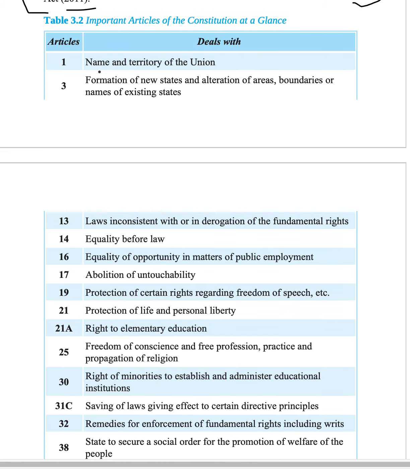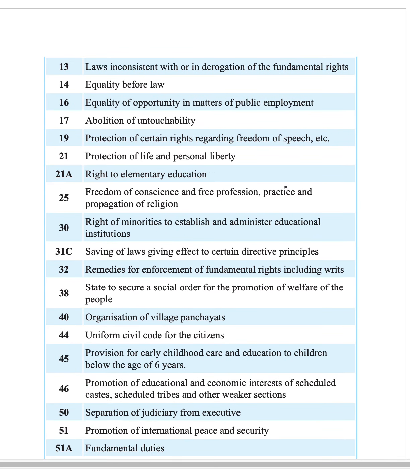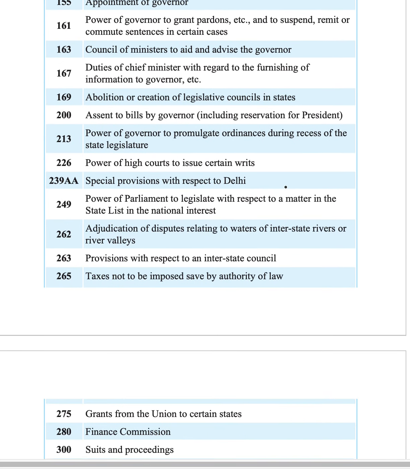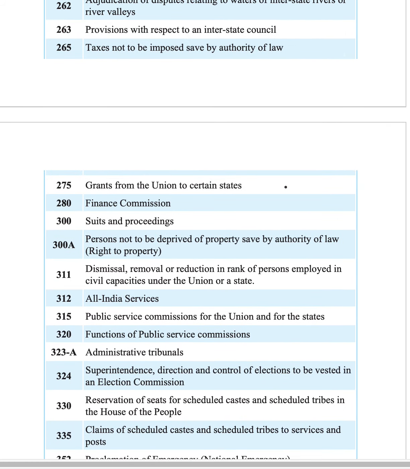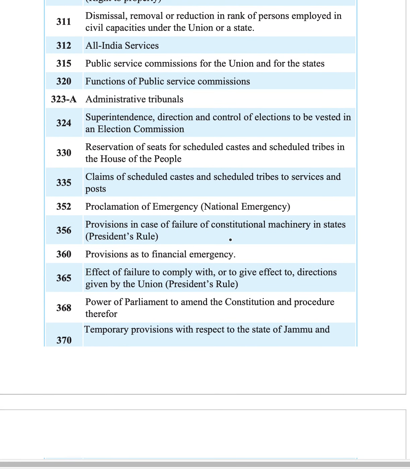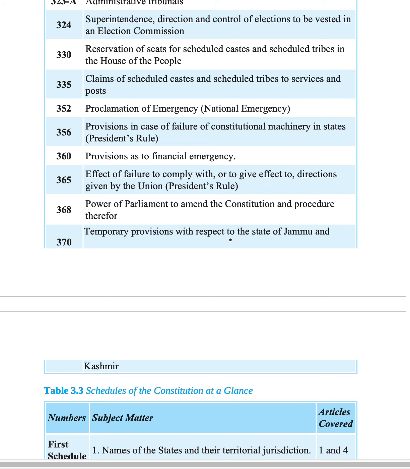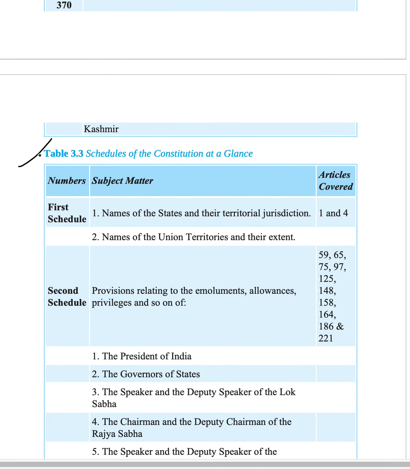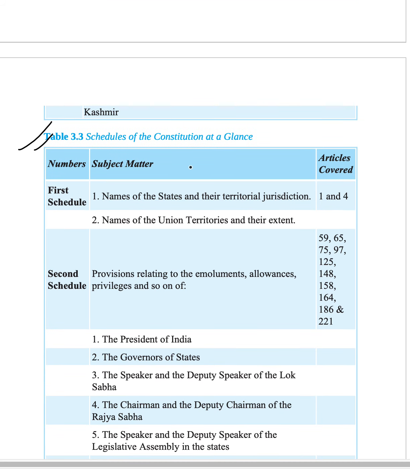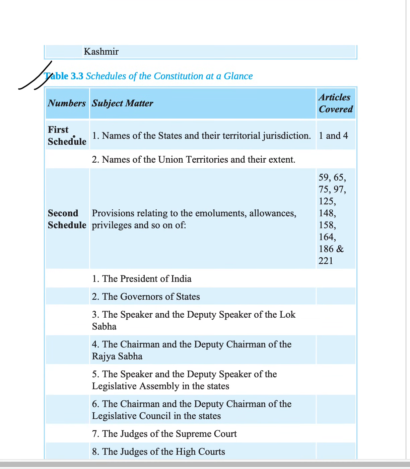Then they have given important articles of the Constitution at a glance. So many articles are given. We are not going to cover it. You can read it by yourself, because anyway we are going to cover all these articles in our subsequent lectures in great detail, so there is no need for that. And there are 12 schedules of the Constitution. You should remember the name of the different schedules and what each covers.